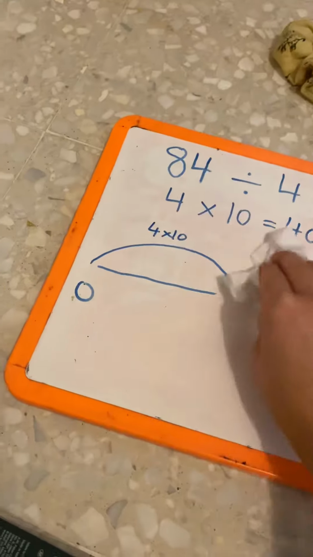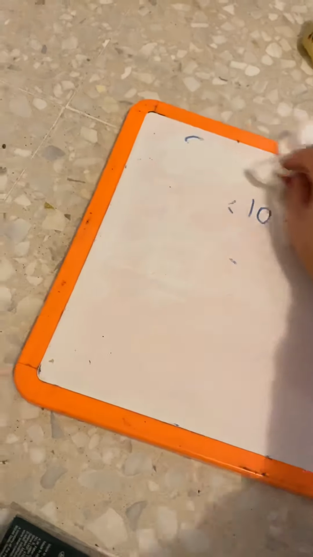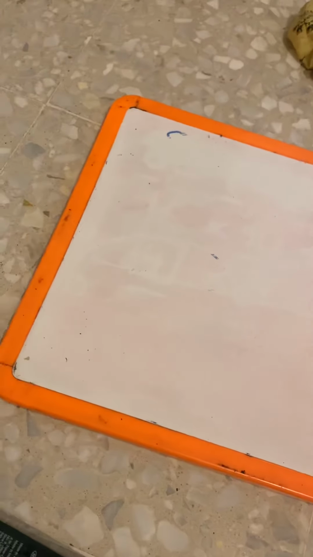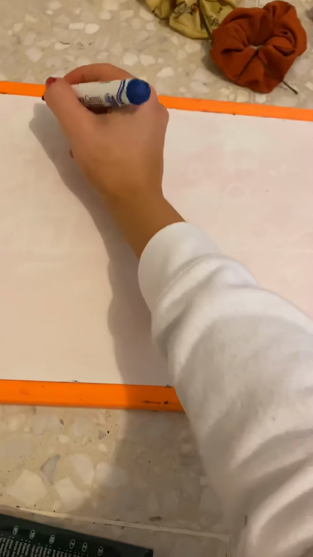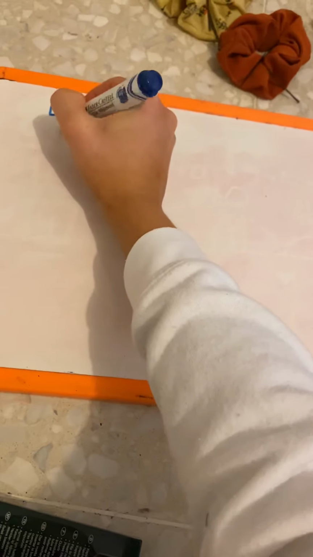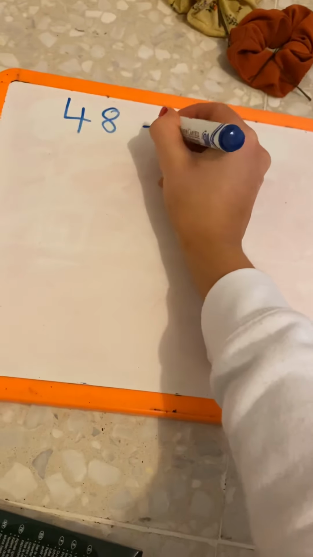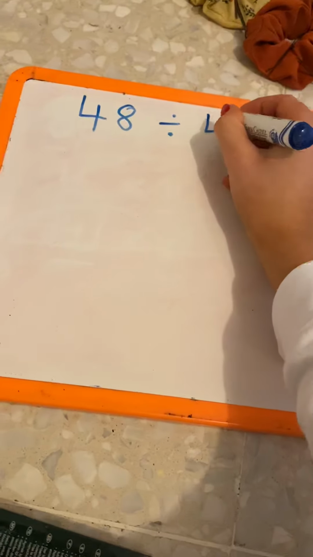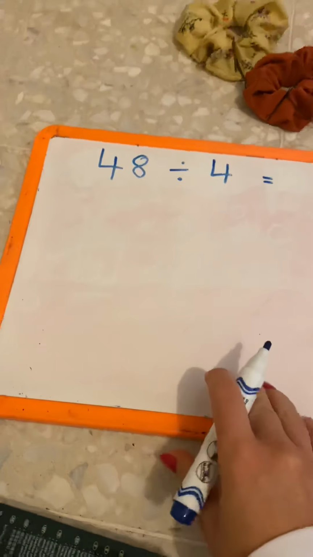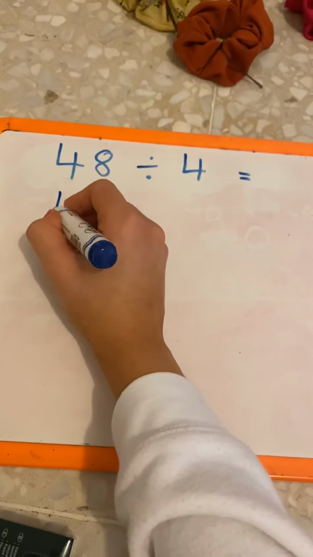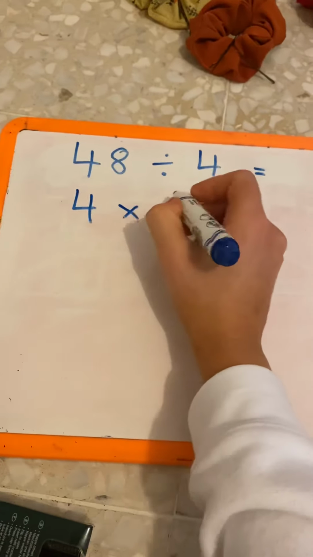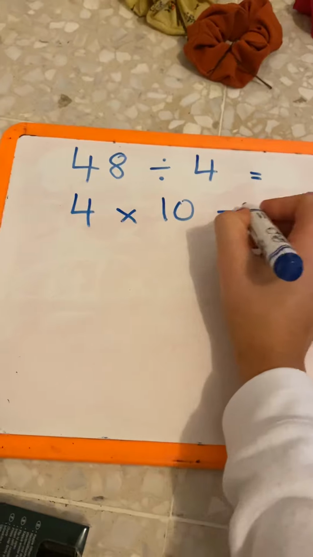Let's try another one. Let's try 48 divided by 4. So, we know there are 4 tens in 40.